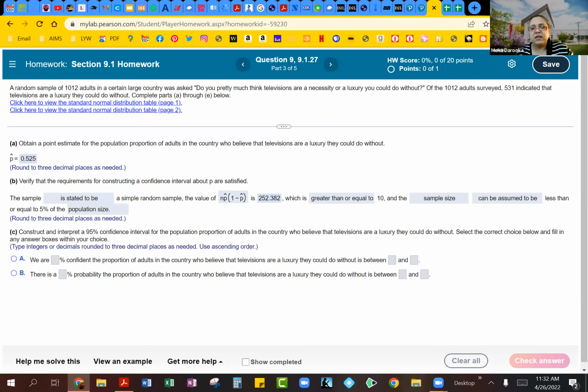So the confidence interval is talking about how confident can we be that, if we were to keep repeating this experiment, so, we kept selecting different groups of people in this large country, and we kept asking them the same survey question, right? What do you think if televisions are a necessity or a luxury you can live without? How close would our result always come out to be to this 52.5%, right?